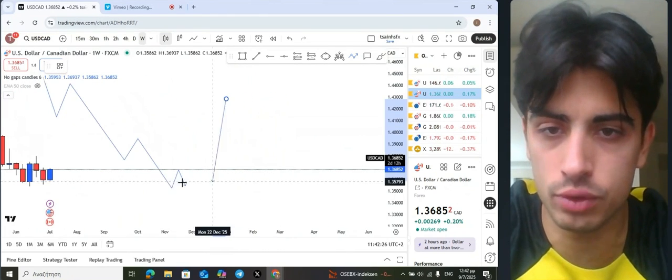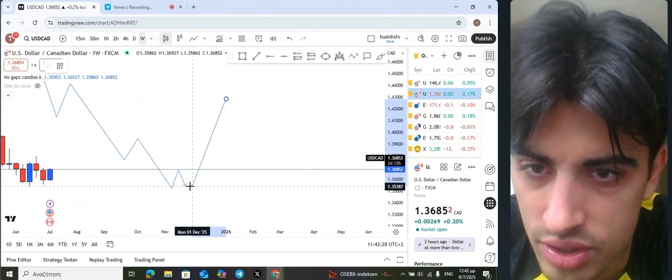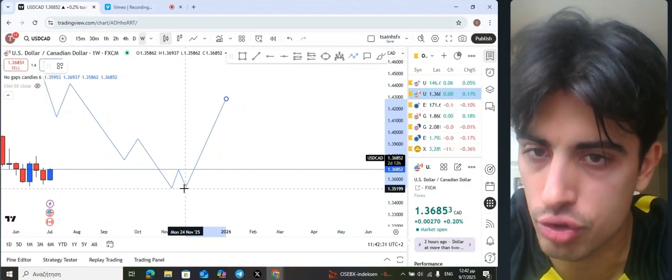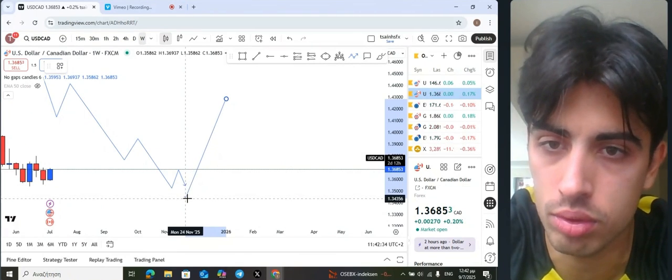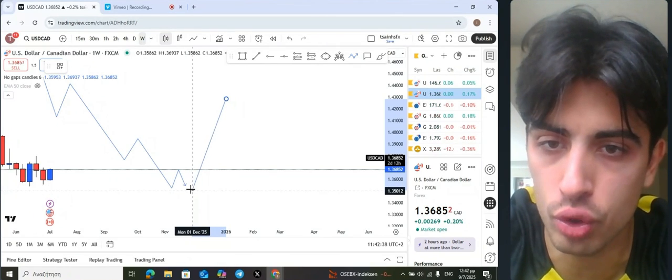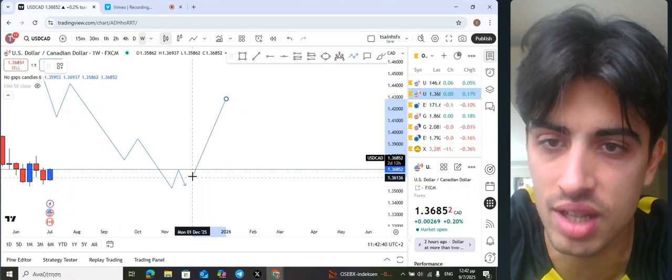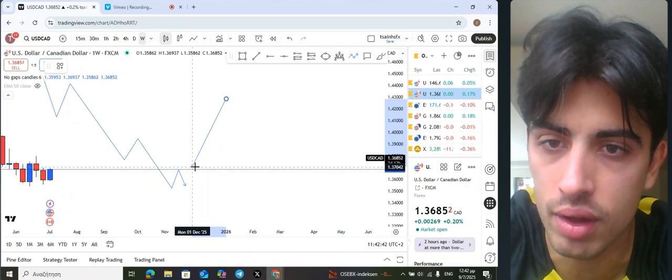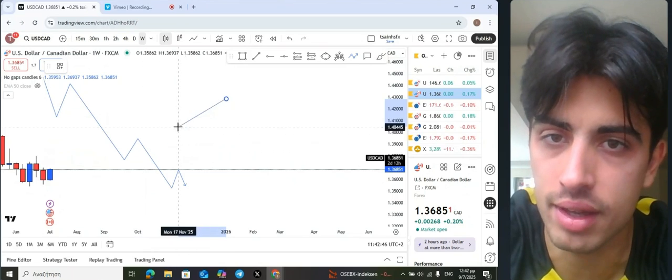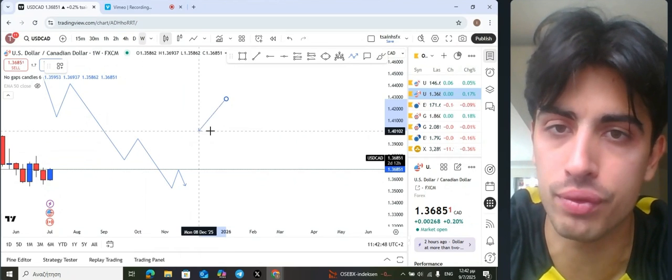Now to this one, as you can see, the price never closed under, so we don't have a new lower low. If the price doesn't close, we don't have a new lower low, or if the price doesn't go above the previous lower high, we don't have a new or a break of structure.